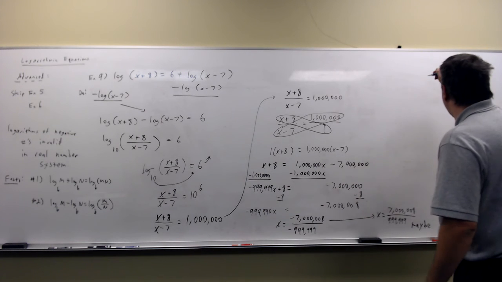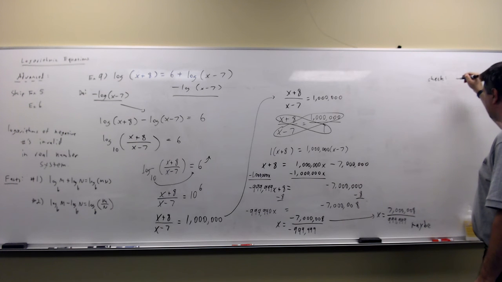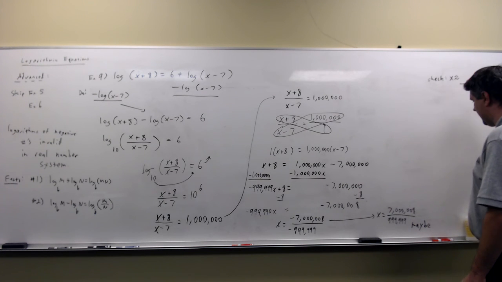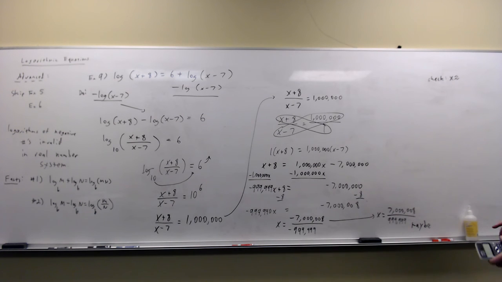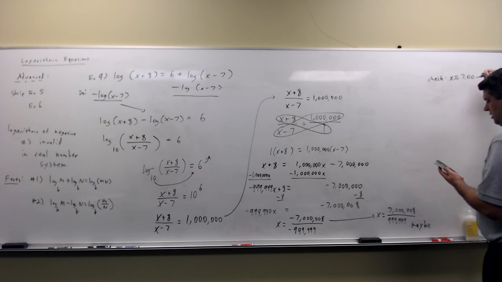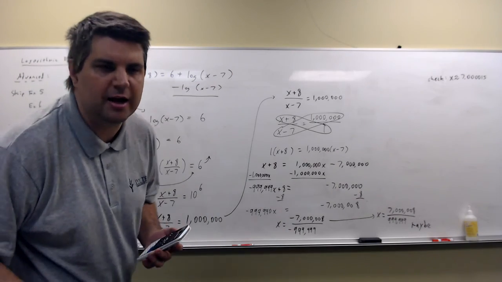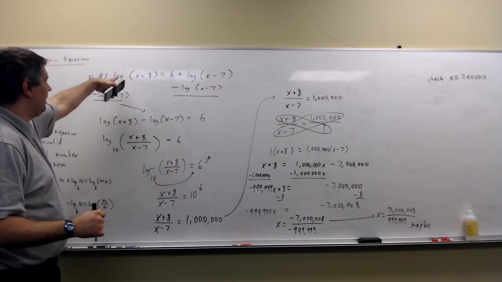So now we need to check. x is approximately equal to, so I'm going to use a decimal approximation, 7,000,008 divided by 999,999, which is 7.000015. Does that fit on the screen? It does. Okay, so I'm going to plug it into the original equation.